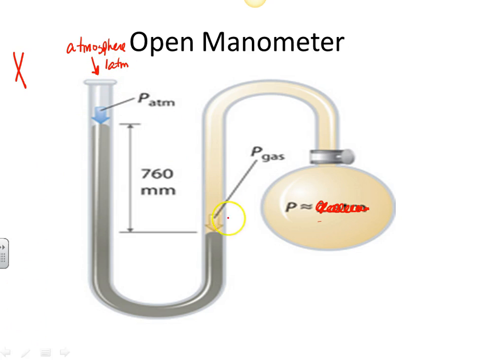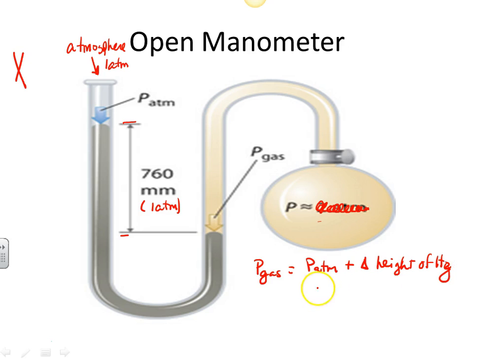So if we have 1 atmosphere pressure here, and we have a height difference of 760 millimeters, which is also 1 atmosphere, then the pressure of the gas equals the pressure of the atmosphere plus the difference in height of mercury. So this is going to be 1 atmosphere plus 1 atmosphere equals 2 atmospheres for the gas.